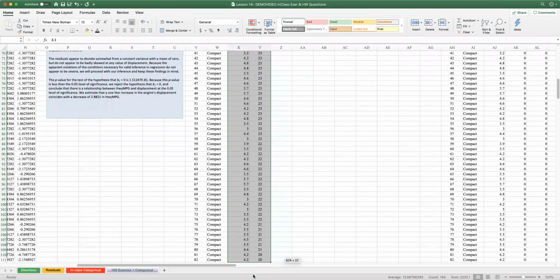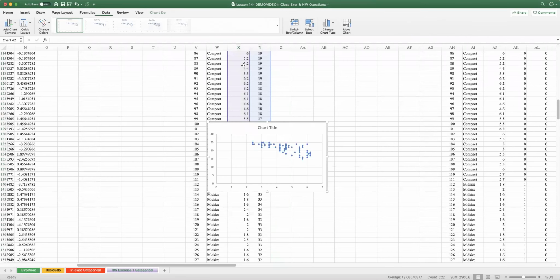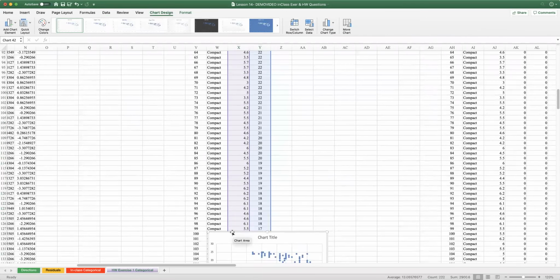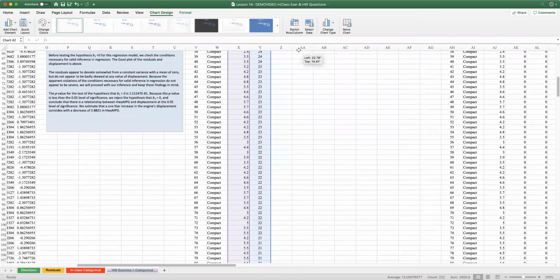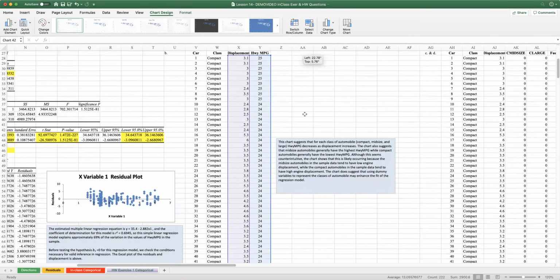Right there. Insert scatter chart. Okay, and I do want to bring that up. There we go. Perfect. Then right mouse click on this and select data.